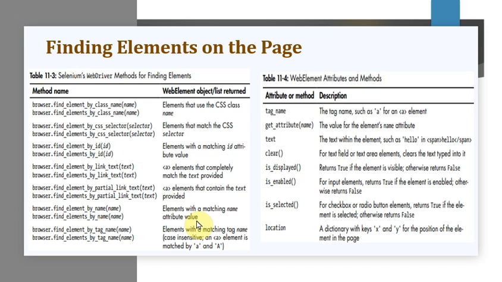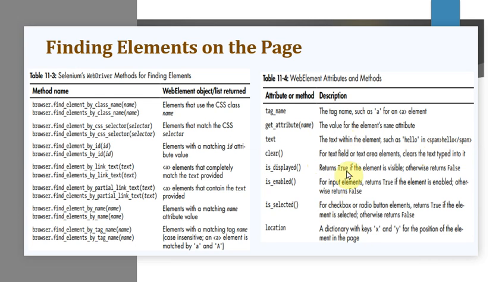Okay. So once you have the web element object, we can find out more about it by reading the attributes or calling the methods. That is what is told here. So just see here, tag name. So when you say tag name, what is the meaning? Tag name such as a for anchor tag element, or get attribute, the value of the element's name attribute, and text, when you say text within the element, such as hello in a span, hello span, then clear.